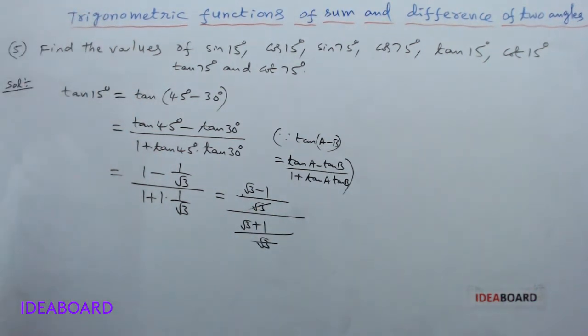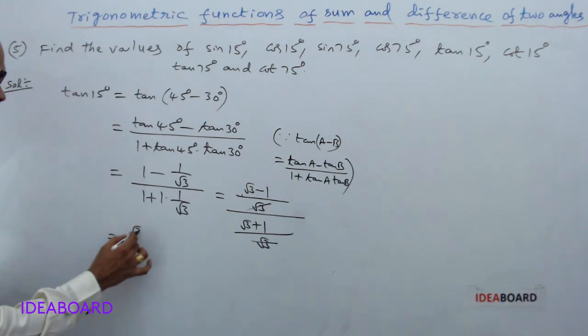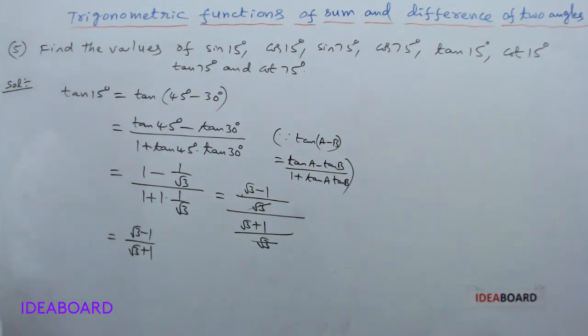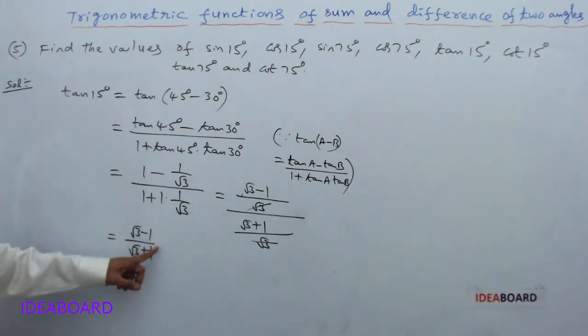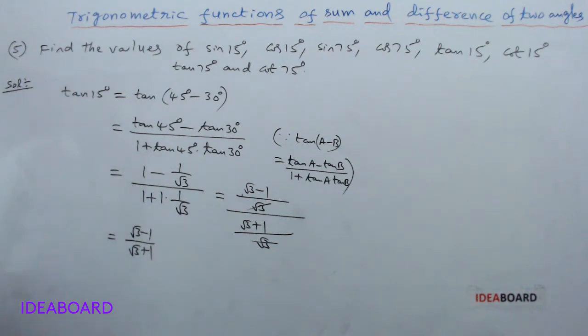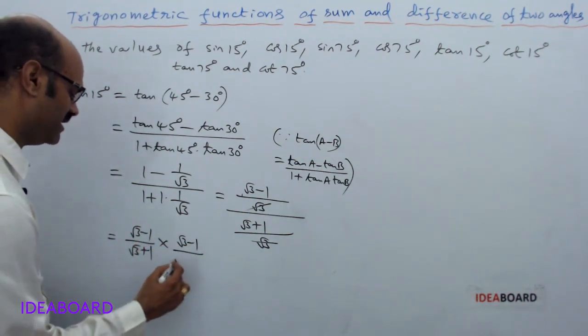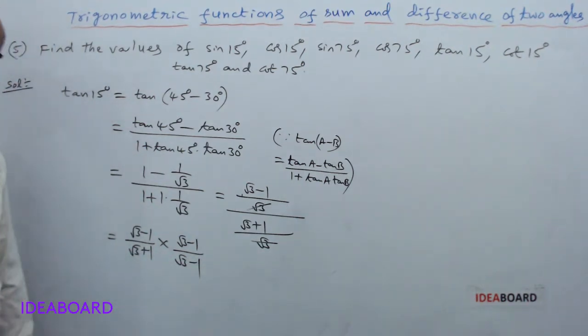So root 3 cancels, equal to root 3 minus 1 by root 3 plus 1. Now we multiply numerator and denominator by root 3 minus 1.